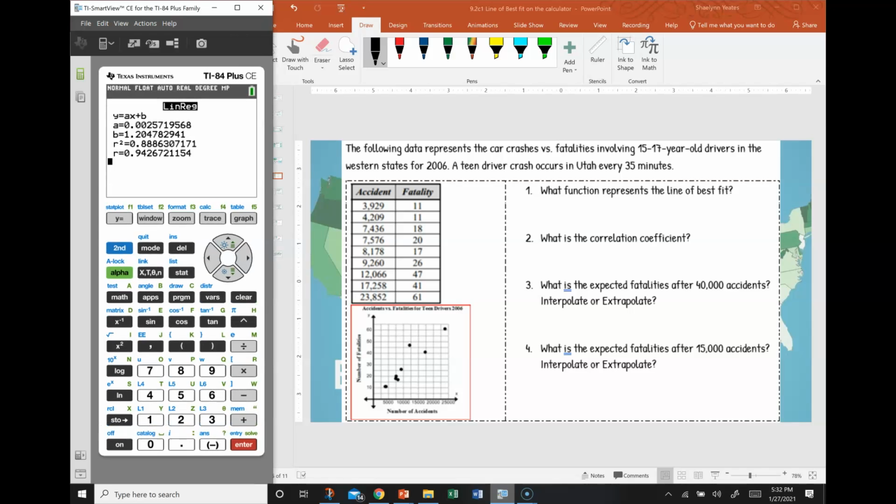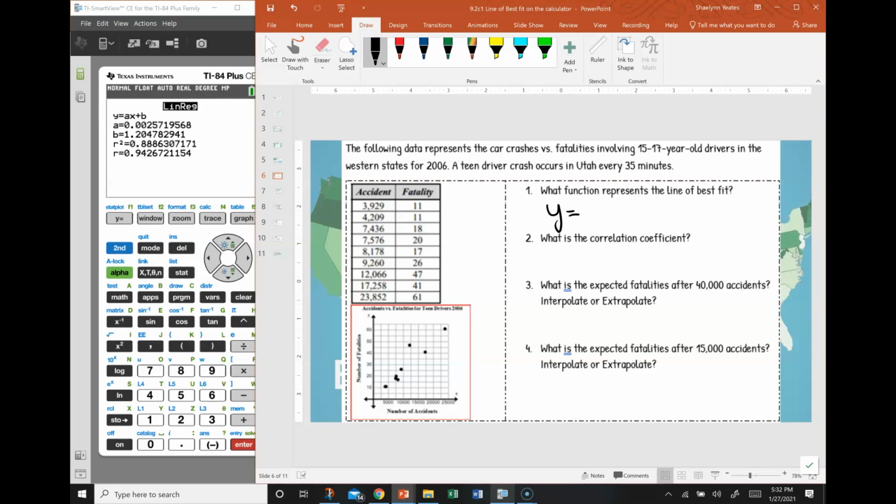All right, so the function that represents the line of best fit is going to be y equals 0.00257x plus my b value, which is 1.20478. I'm going out a lot of decimals, but there's a reason for that. My correlation coefficient is 0.94, and then I can do more decimals if I want. That's a really strong positive correlation.